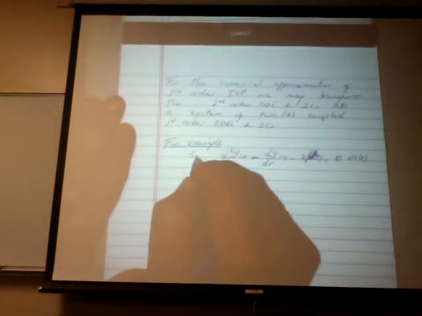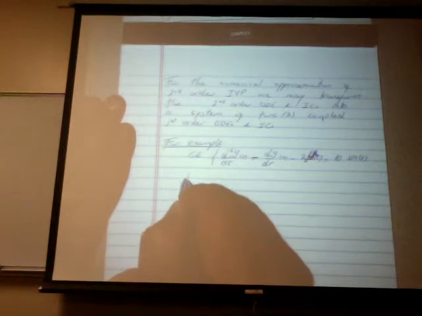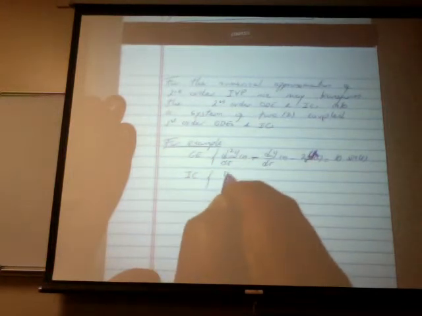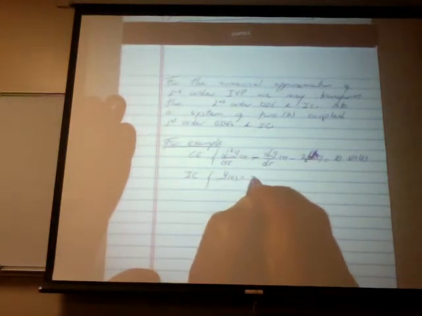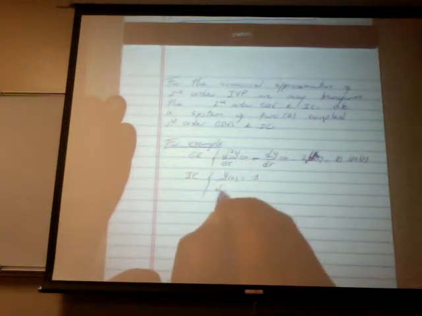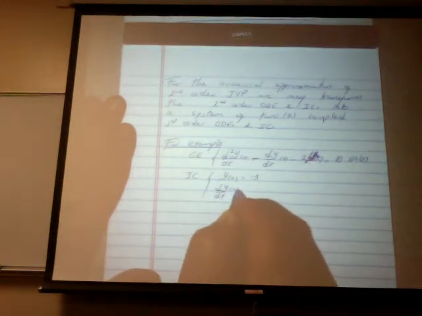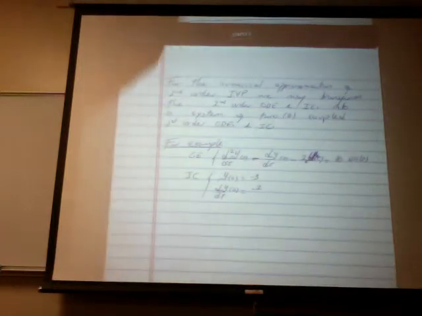So this is the governing equation, and this is what we were given, and we ended up with an exact analytical solution.